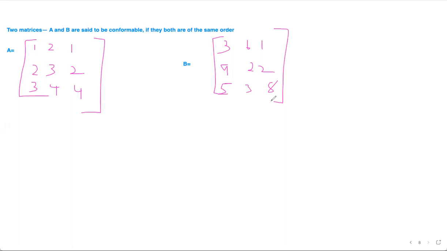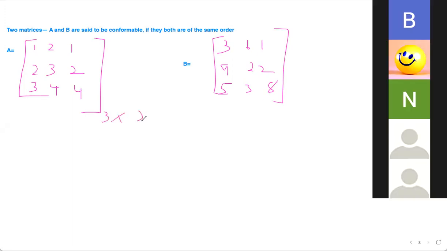Give me the order for both. 3 by 3. 3 by 3.